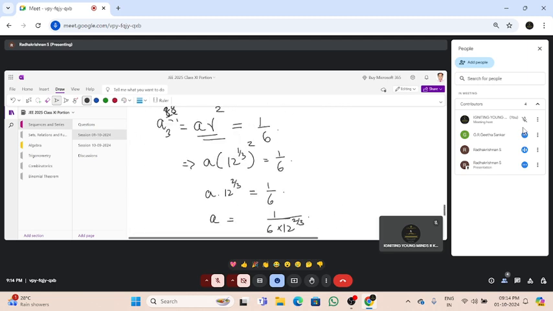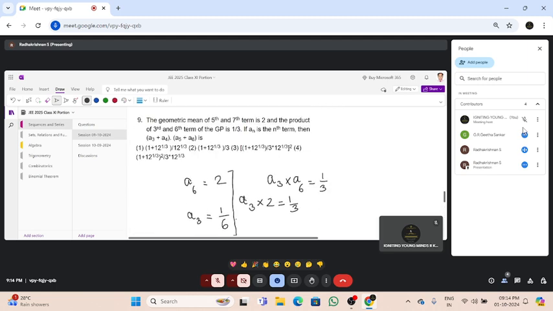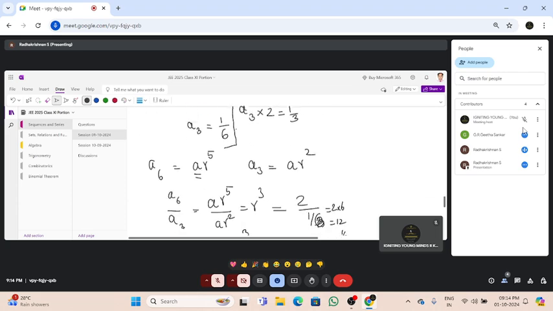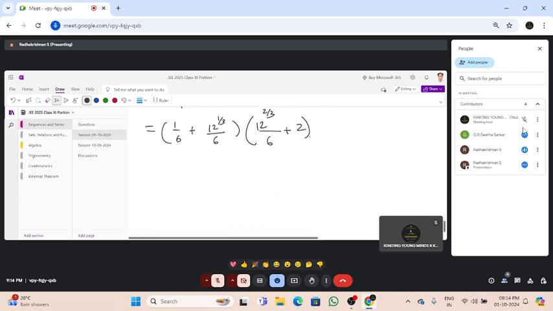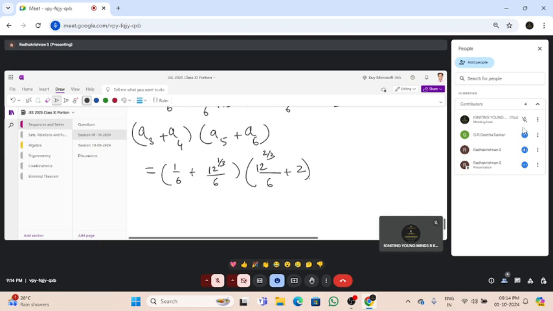We'll see each one. 1 plus 12 power 1 by 3, divided by 12 power 1 by 3. If we take that out, 1 plus 12 power 1 by 3 into 1 by 6 into 12 power 2 by 3.